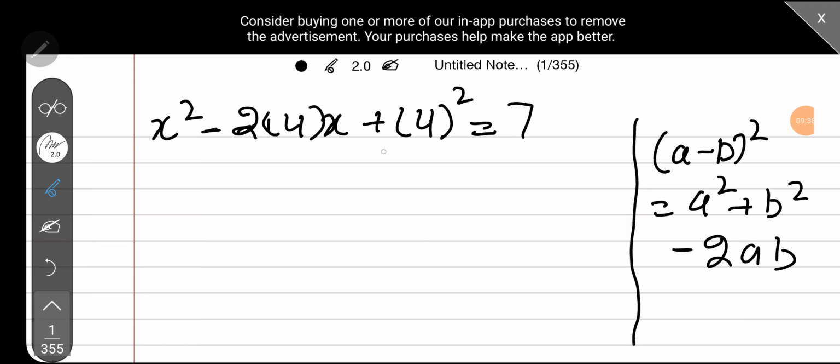So here a is x and b is 4, and it is now complete. So we converted this whole equation into this form.